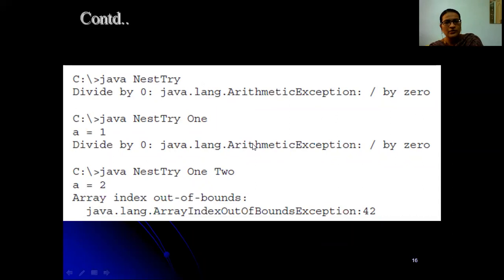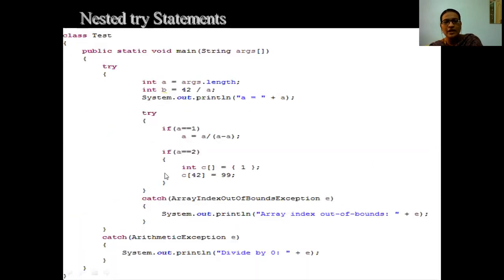Then in the third try, Java nest try is the class and program name, and 1 and 2 are the arguments for this program. Then a value will become 2. Once a value becomes 2, if a is equal to 2, then it will execute these statements. In this statement we are assigning a 99 value to the 42nd index.